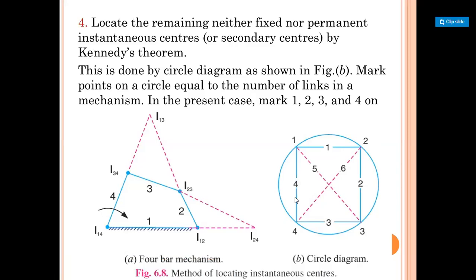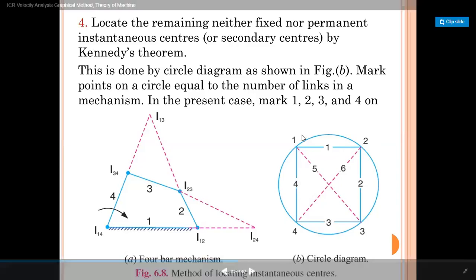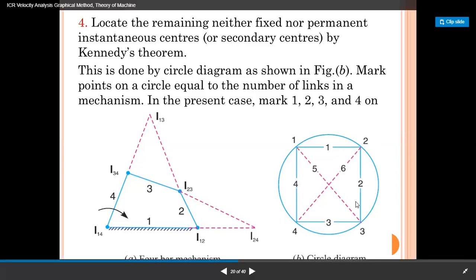Now, the links which are not interconnected are the first link and the third link. See in the mechanism, this is the first link and this is the third link. These two links are not connected with each other. Also, the second link and fourth link are not interconnected.